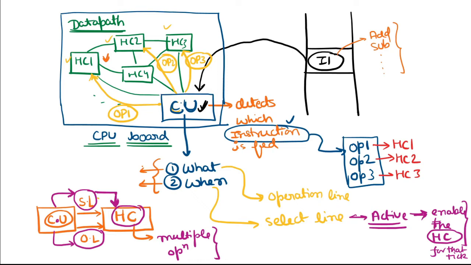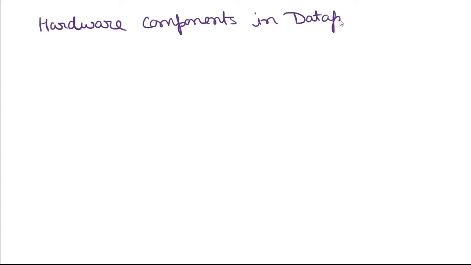So let's look into what the different hardware components in a data path are. There are three basic hardware components in a data path.